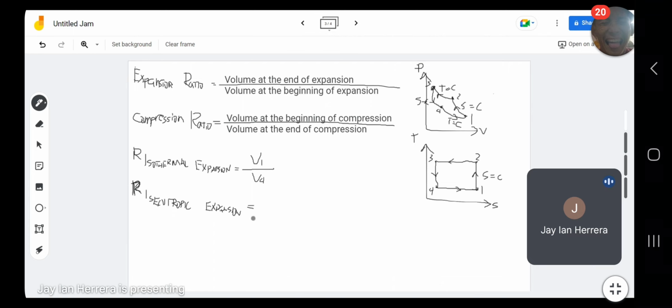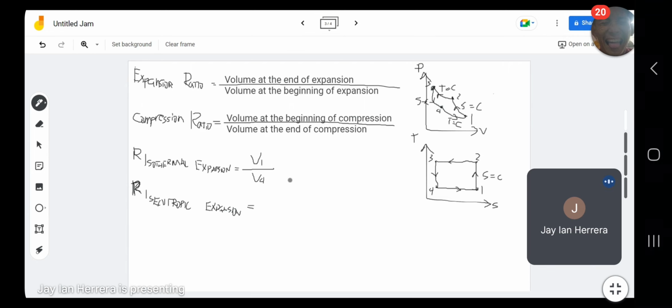So for isentropic expansion ratio naman, dito naman, isentropic expansion is around 3 to 4. This is your expansion. You can see low point of volume here. Nag-expand siya hanggang point 4.